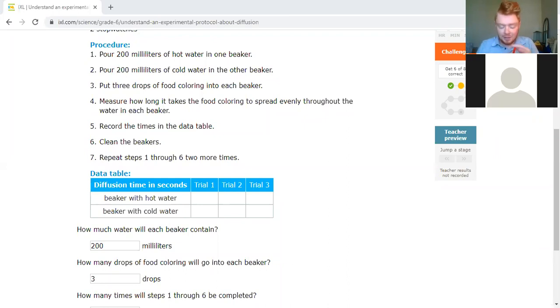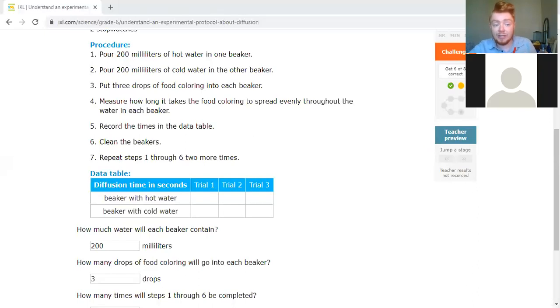See, guys, Reham is very close. This question's trying to trick her, though, just so we're aware. Oh, no, she's right. How many times will it be completed? Okay, let's just double check, because they're wording it very tricky.